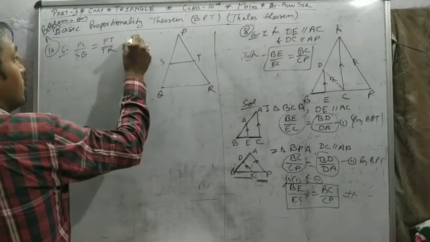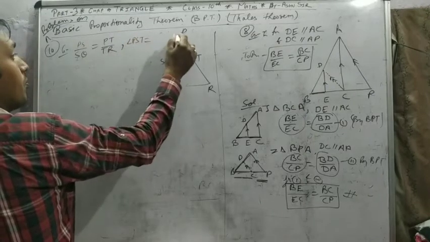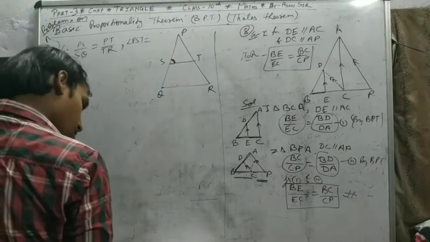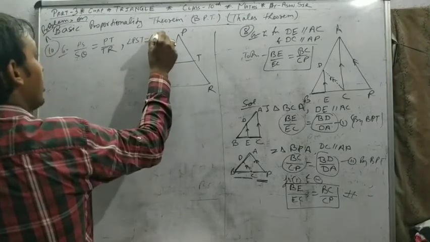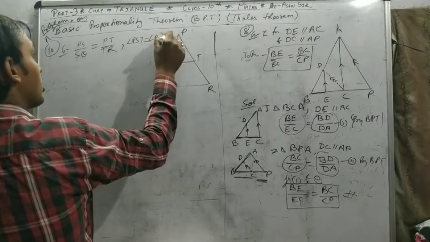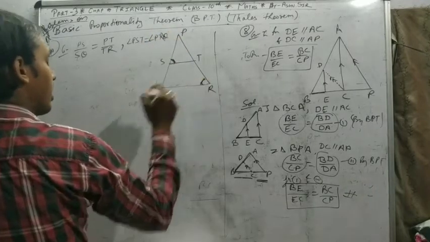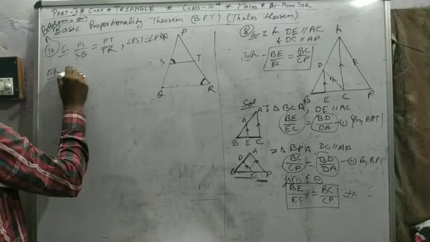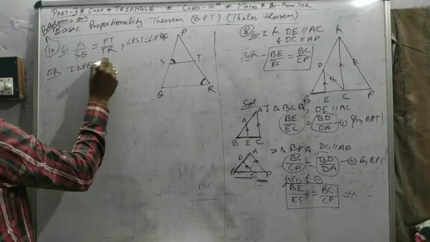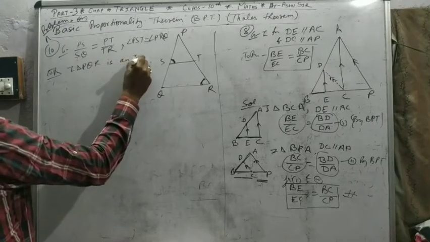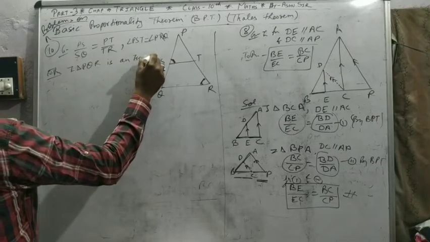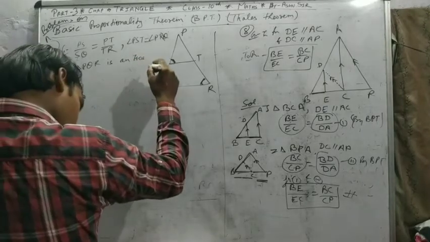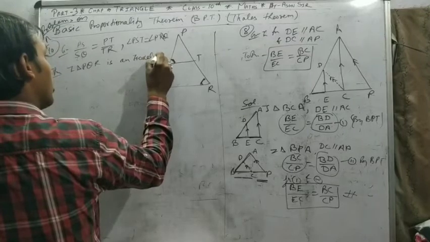And angle PST is equal to angle PRQ. This angle is equal. So the question wants to prove that triangle PQR is an isosceles triangle.